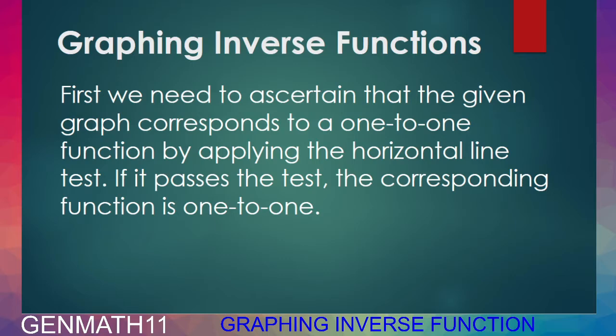Kapag hindi sila pumasa sa parehas na yun, the function is not a one-to-one function. Kapag hindi one-to-one function, there will be no inverse function. So, we can graph the inverse function of a certain function if and only if it is a one-to-one function. Okay?